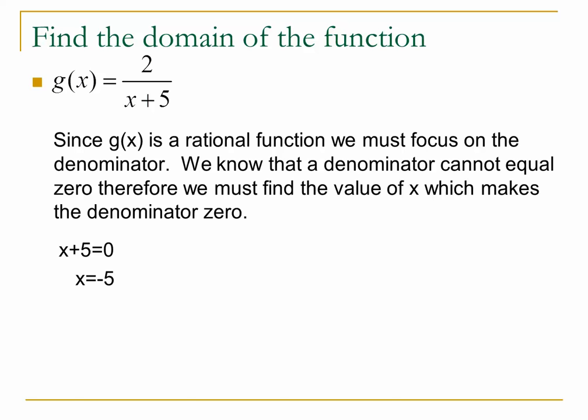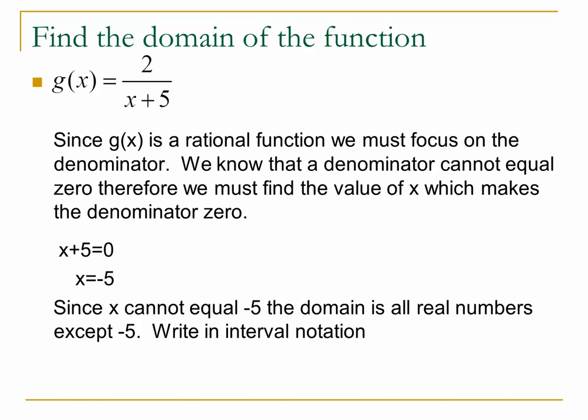This means that our x is not allowed to equal negative 5. So our domain is all real numbers except negative 5. In interval notation, you use from negative infinity to negative 5, union negative 5 to infinity.